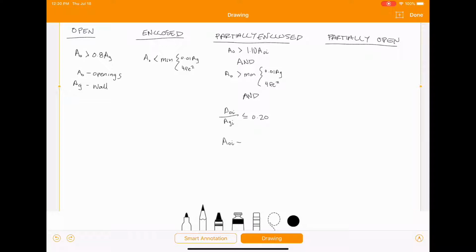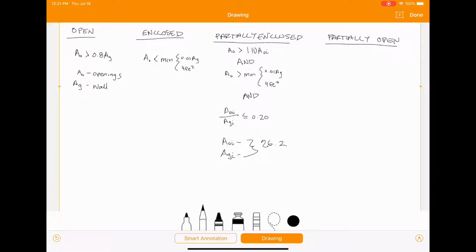And then AOI divided by AGI has to be less than or equal to 0.2, where AGI is the sum of the gross surface areas of the building, not including AG of the wall that you're looking at. Again, these are found in section 26.2 under partially enclosed, that definition for partially enclosed. You can find the full definitions for that.